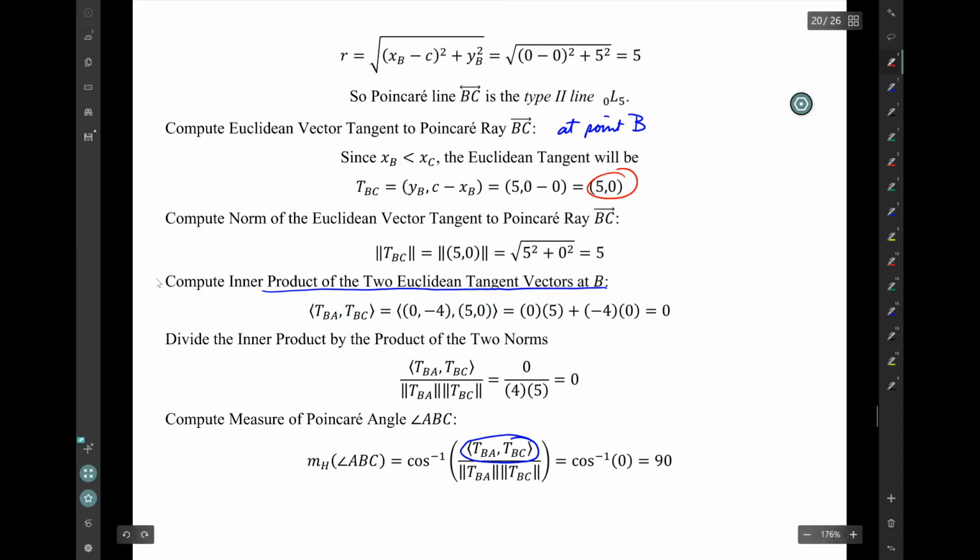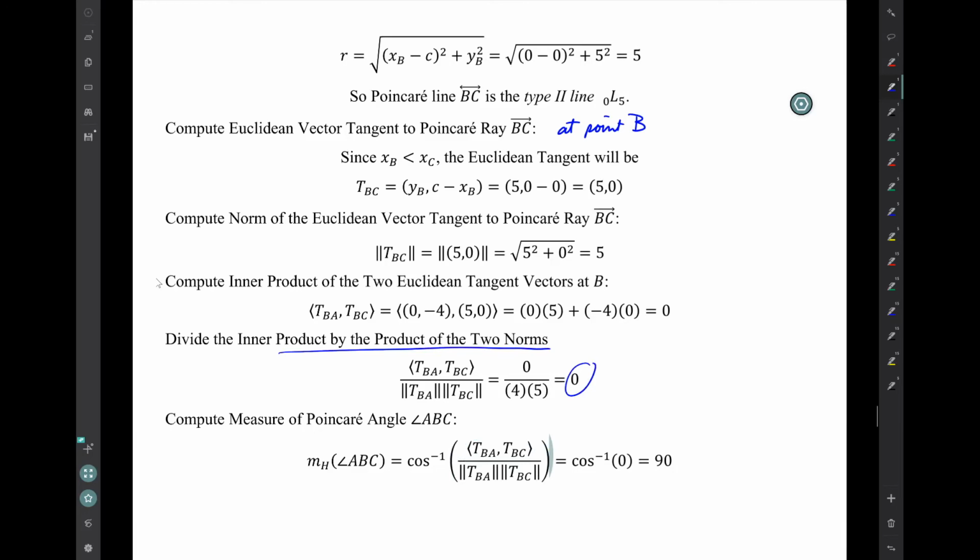To compute the inner product, I multiply the x-coordinates together, multiply the y-coordinates together, and add those two results, and I get the number 0. Then I divide by the product of the two norms to build this expression, which is just going to be the number 0.